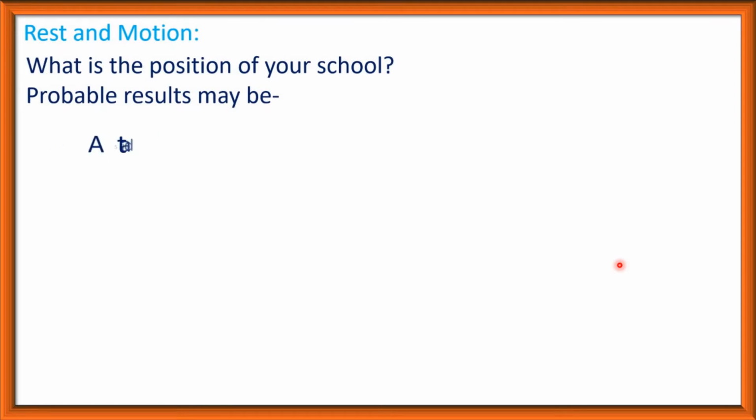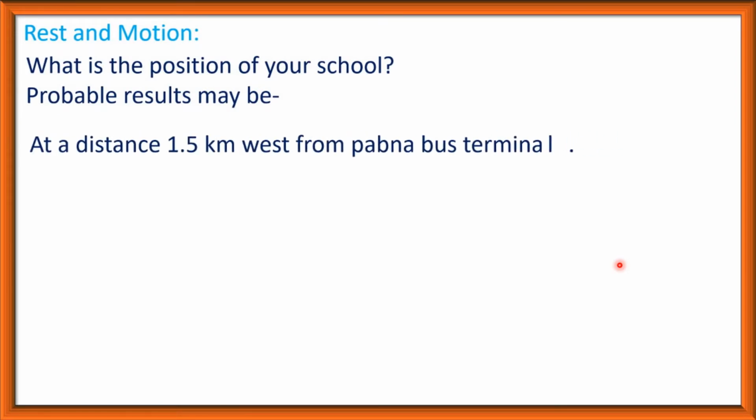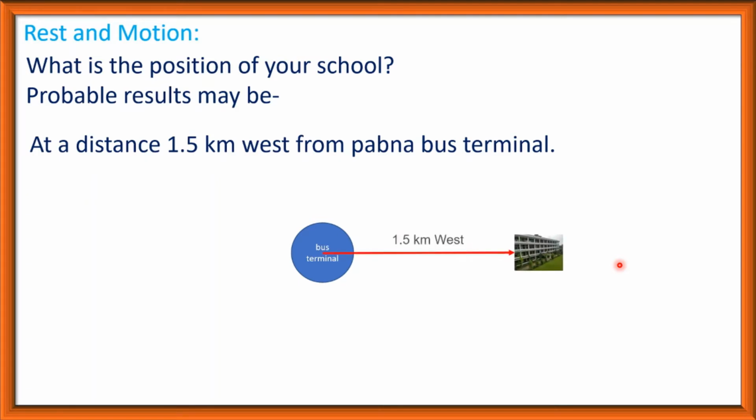And if the answer is at a distance 1.5 kilometer west from Pabna bus terminal, then it will be here, 1.5 kilometer west from the bus terminal, and obviously we will get the exact location of the school.